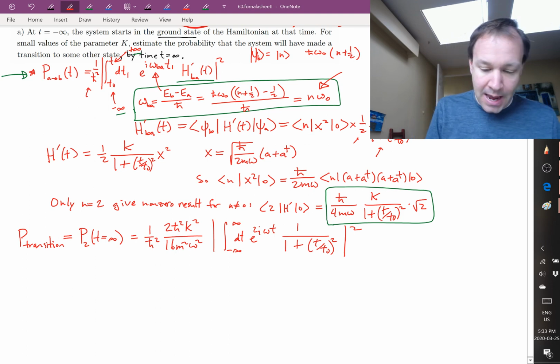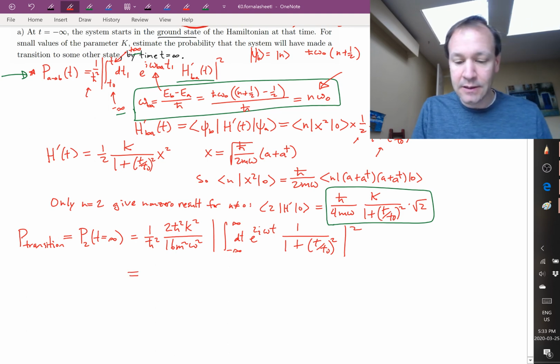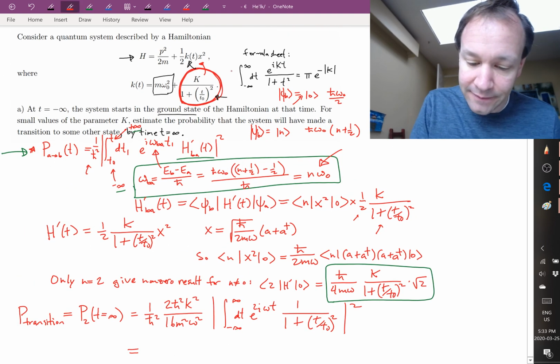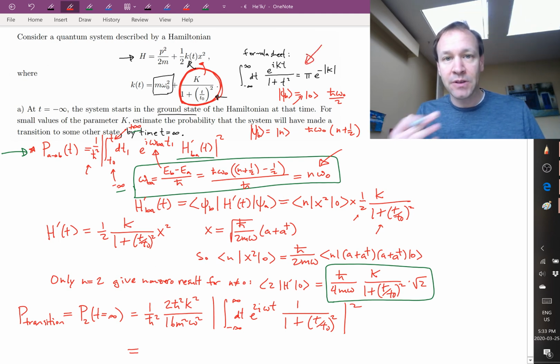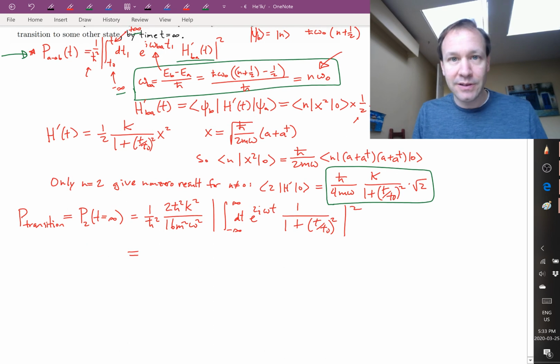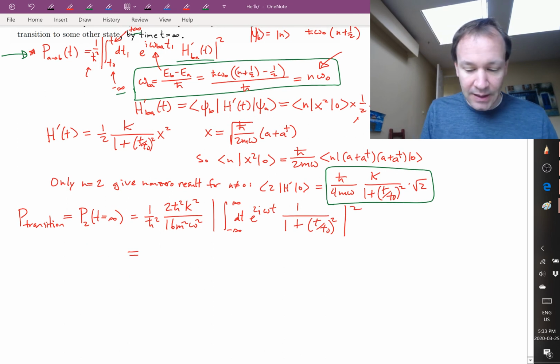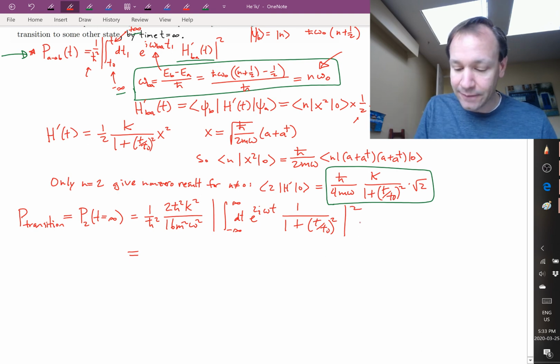Okay. And so we have to do an integral here. And fortunately, we have this formula provided for us on the formula sheet, so we could just make use of that in order to do the integral. And so to make use of that formula, we'll want to do the substitution, let's set s equals t over t0.